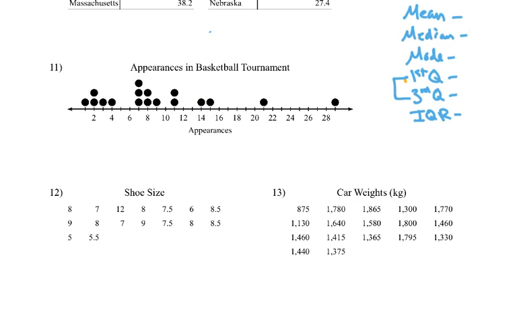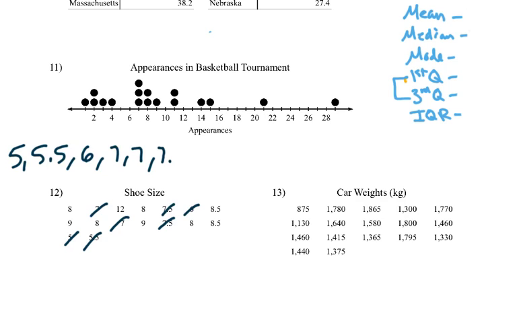Now finally, let's take a look at the shoe size. So again, I need to write them in order. So 5, 5.5, then 6, and 7, and 7.5, then 8.5.